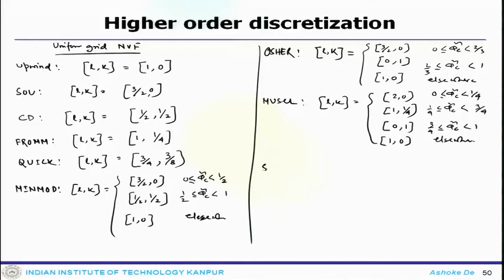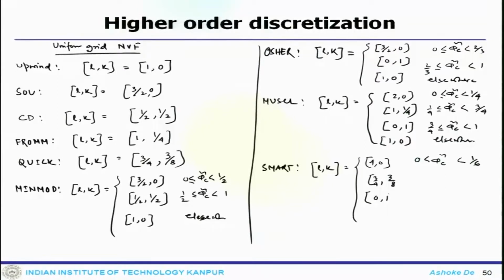Similarly, the SMART scheme will also have 4 segments: 3 and 0, 3/4 and 3/8, 0 and 1, and 1 and 0.